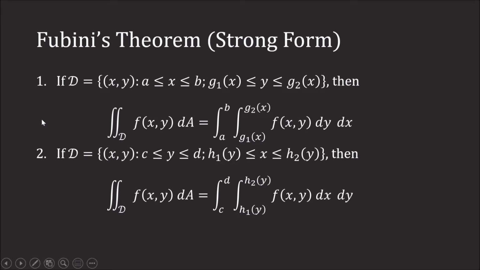Now again, the argument that we used before was for a vertically simple region, but a similar argument holds for horizontally simple. So if D is a horizontally simple region, then the double integral over D of f is the integral from c to d, the integral from h1 of y to h2 of y, f of xy, dx, dy.